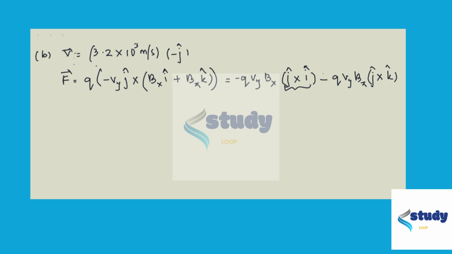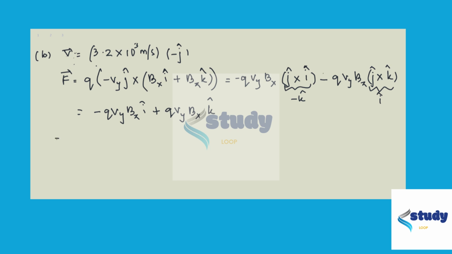And j cross i is equal to negative k cap, and j cross k is equal to positive i cap. And this gives the force to be negative q Vy Bz i cap plus q Vy Bx k cap. And q is the charge of the electron here.